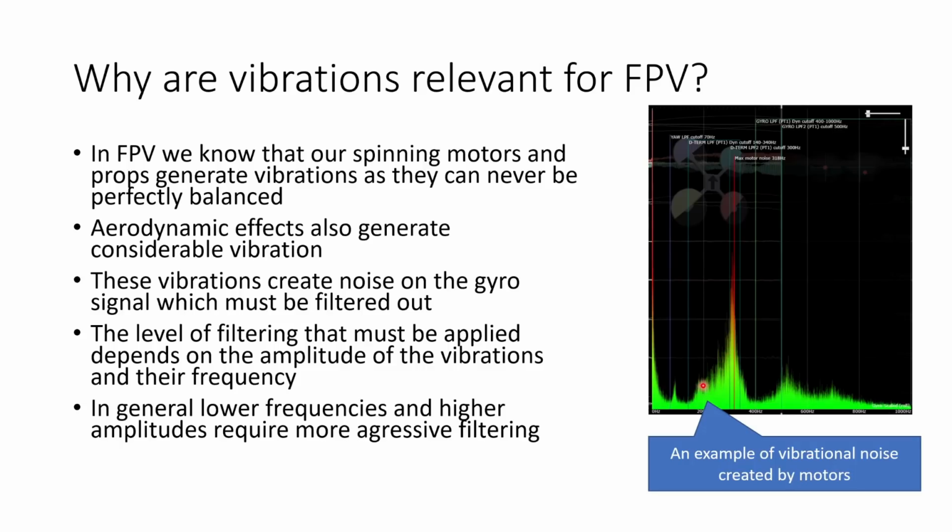So it's noise being generated by the motors. There's a motor hump there and another one here and a third one up here. And also noise that's created by vibration of the quadcopter frame. And this spike here is a good example of a resonant mode of the quadcopter frame that's creating noise.